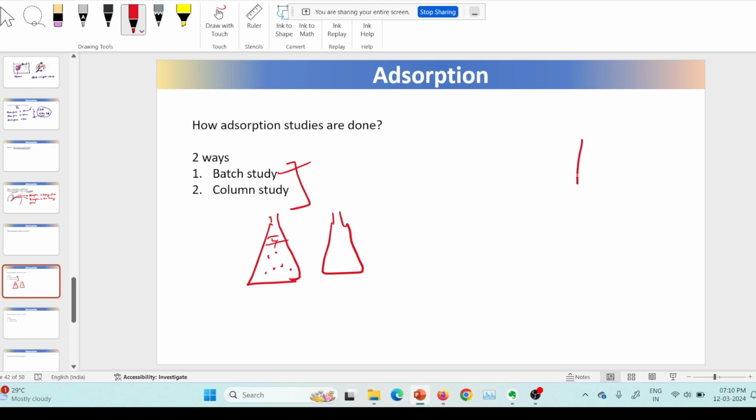In column study, we'll take a column and fill it with adsorbent, and then we'll pass water or wastewater containing adsorbate through it. This way the column studies are done.